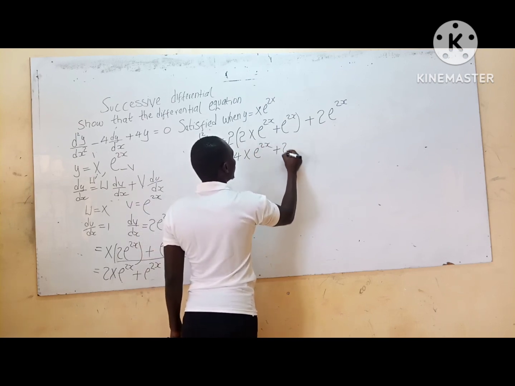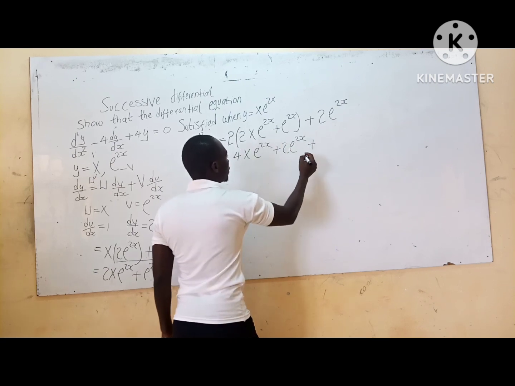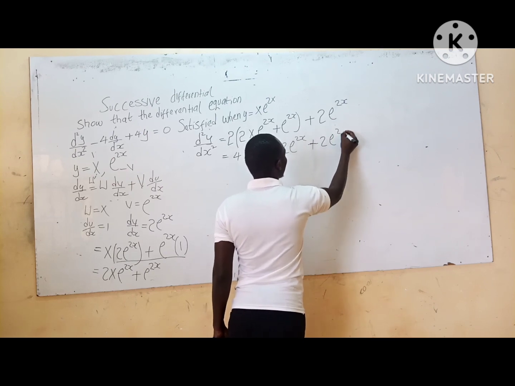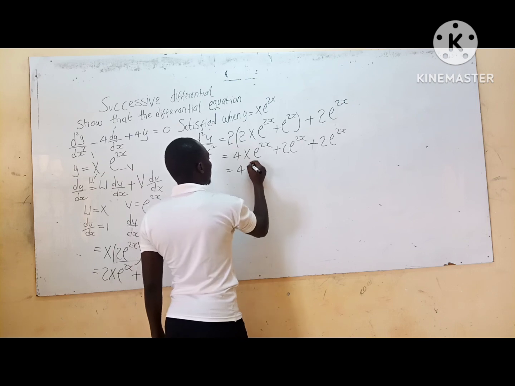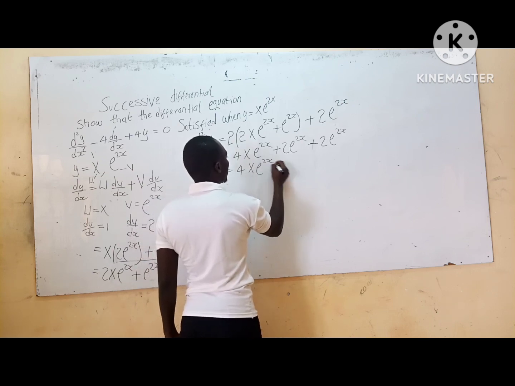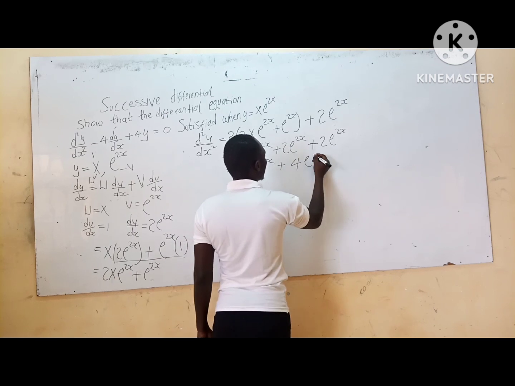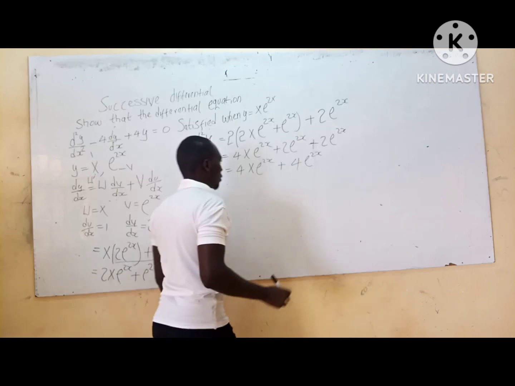We add 2 exponential 2x. And lastly, we add this one, 2 exponential 2x. And here you can have 4 exponential 2x, we add to 4 exponential 2x.